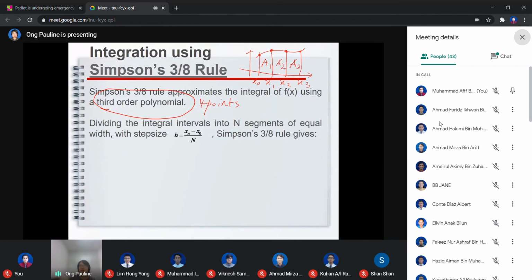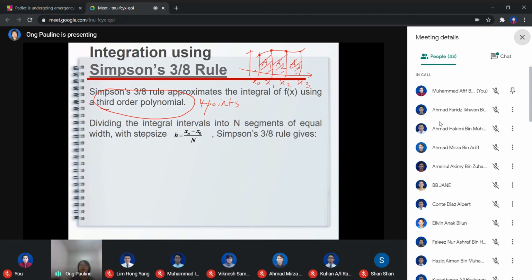So if I want to use Simpson's 3 over 8, since the basis of Simpson's 3/8 is that we derive the integral by using the third order polynomial, I need to have 4 points. If I look at this diagram, with 4 points, I actually have 3 blocks here.